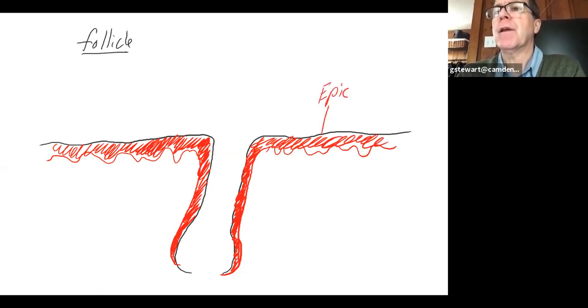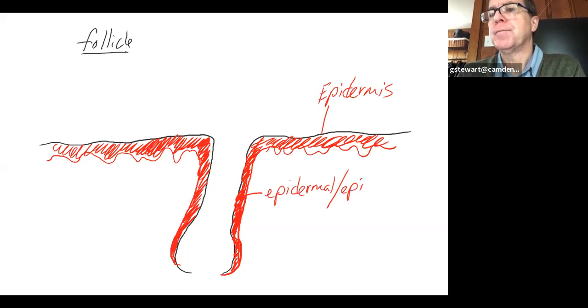So these are the 5 layers of the epidermis, and therefore we call this the epidermal or epithelial sometimes. Some books call it epithelial sheath. Okay.